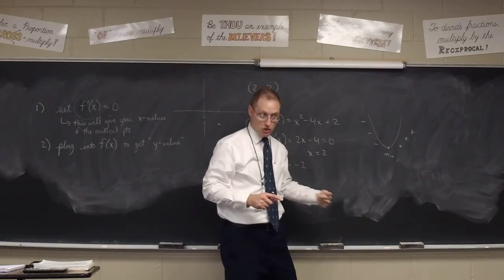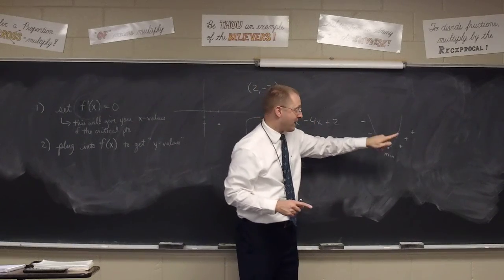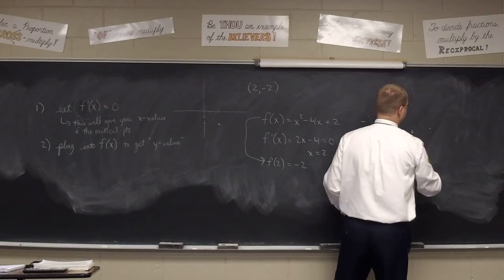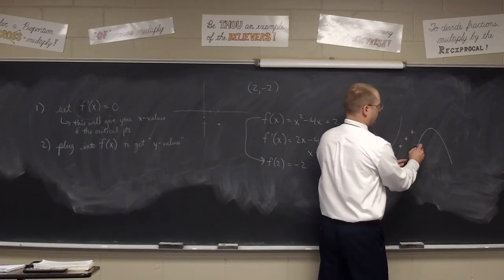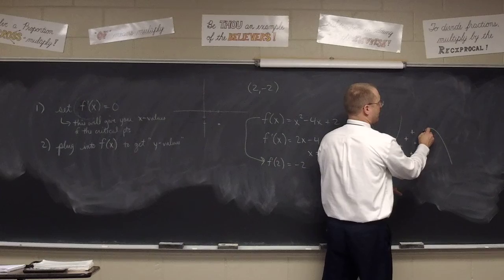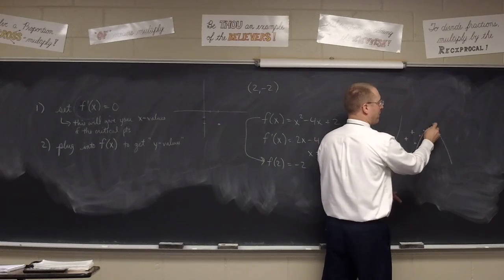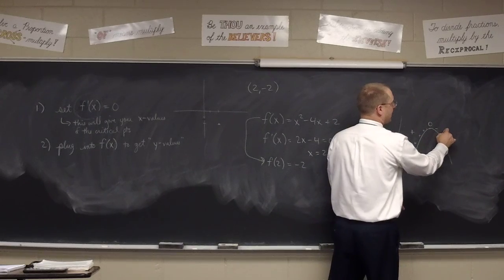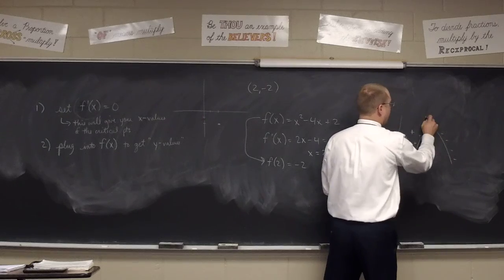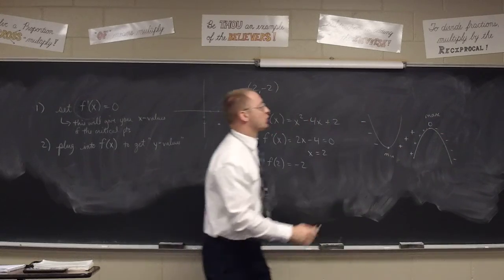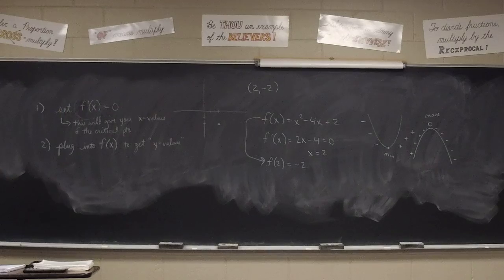It trends toward becoming positive at a minimum point. At a maximum point, it's positive slope, less positive, a little bit positive, very little positive, 0. And then a little bit negative, more negative, more negative. At a maximum point, the slope tends to become more and more negative.